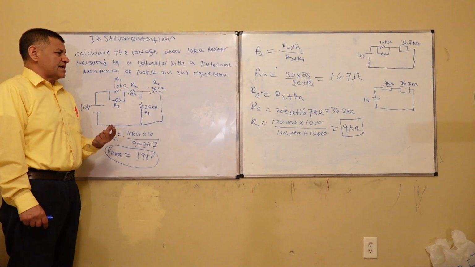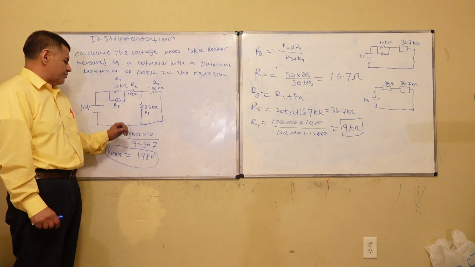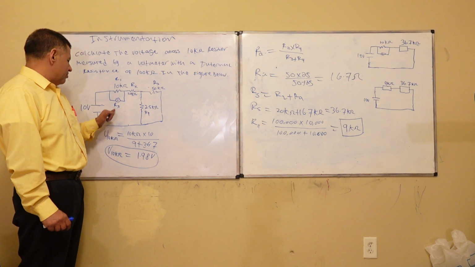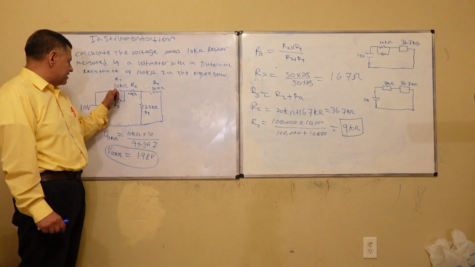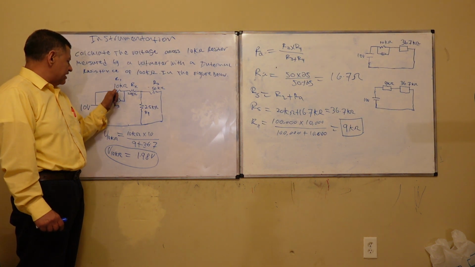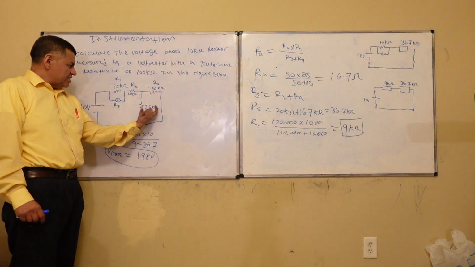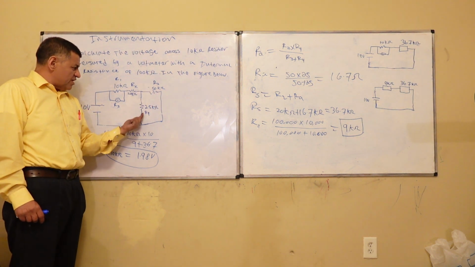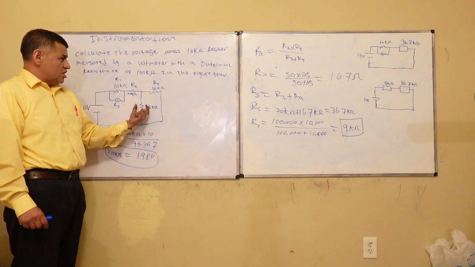So now you understand how you can reduce the steps to solve a problem like this. First, analyze the problem. You notice that this one is in parallel with that one. The meter is in parallel with that resistor. The 25 kilo ohm was in parallel with the 50 kilo ohm.